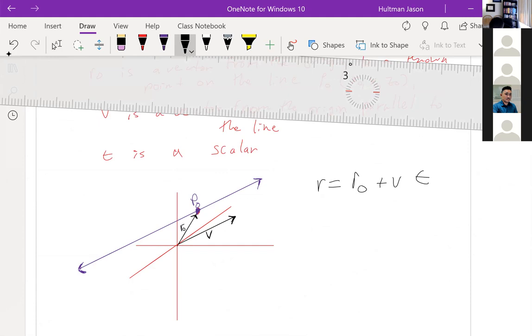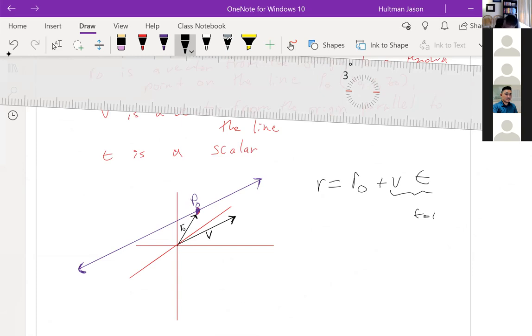Let's think about this for a second. Let's look at VT. T is a scalar. That means I could scale my vector up and down any way I want. If I let t equal 1, what is this going to look like?